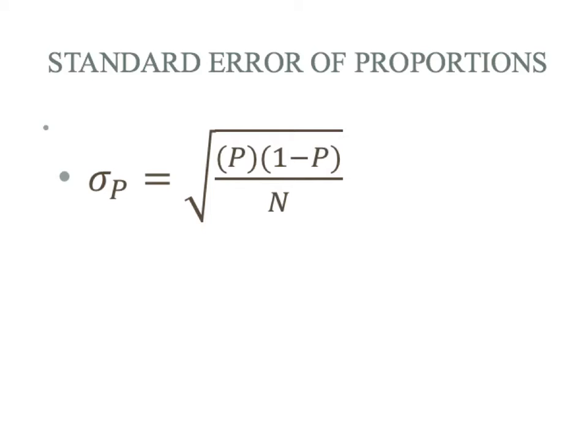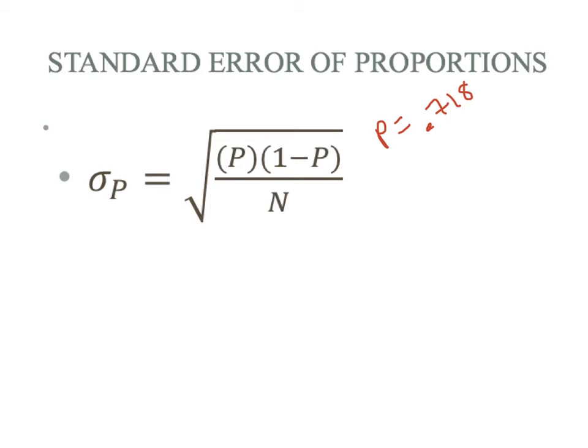So P is going to equal 0.718. Basically, we take the percentage and divide it by 100 to calculate that proportion, or you can just move the decimal place over 2 spots. So we're looking at the proportion rather than the percent.